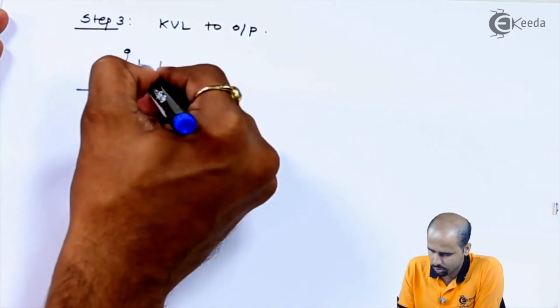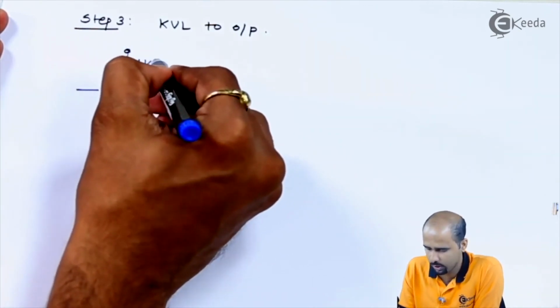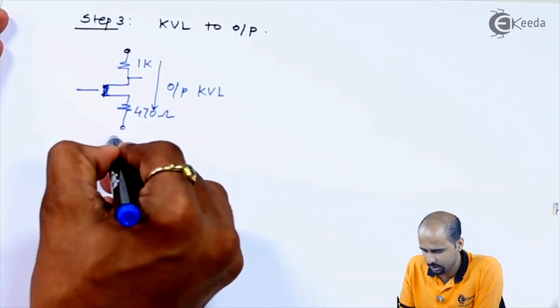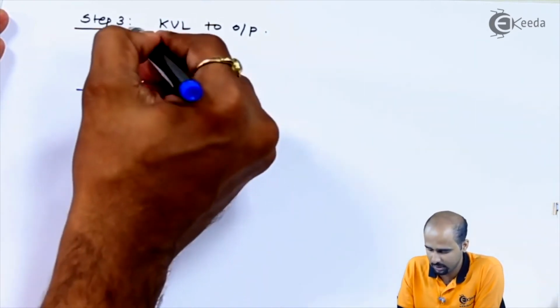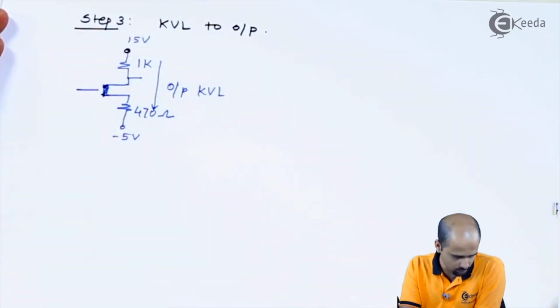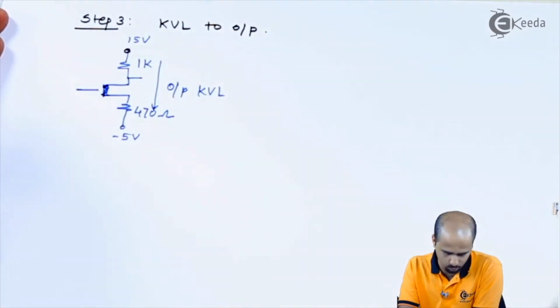So this is the value of RD is 1 kilo, this is 470 ohm, and this is connected to minus 5 volt. This is 15 volts, right?